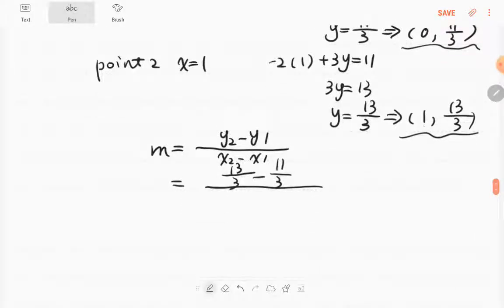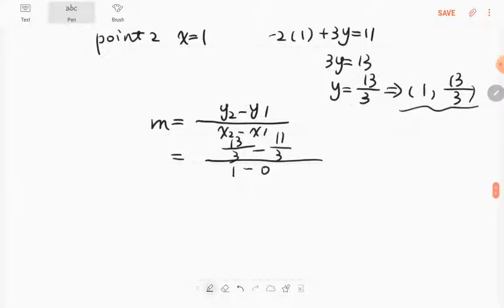This will be your x2, 1 minus 0. So the denominator will be 1, so we will get 2 over 3. So this is another way to help us find the slope.